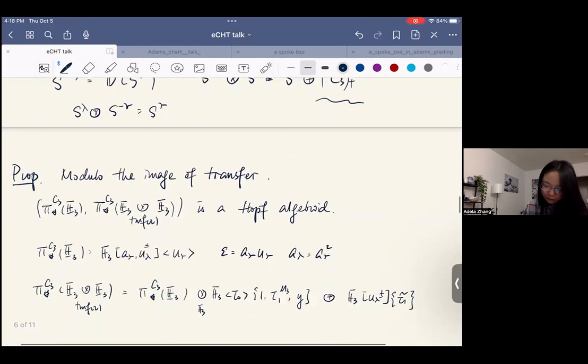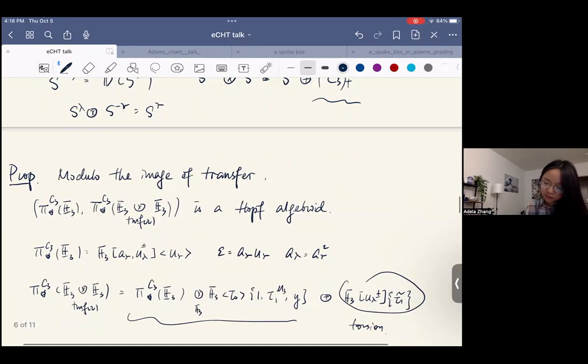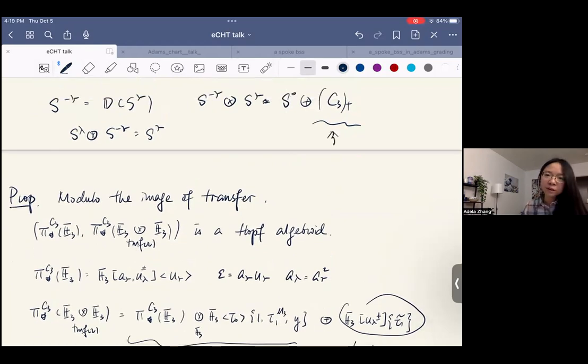And the spoke-graded homotopy of F3 tensor F3 underline over TMF2 is this thing. This is the a spoke torsion-free part, and this part is the torsion part. It sort of comes from the free part of the spoke sphere.